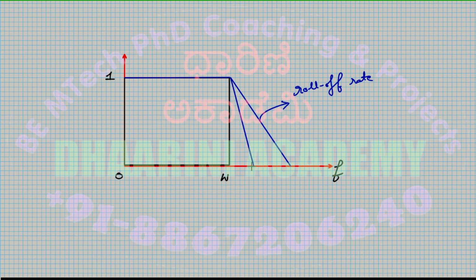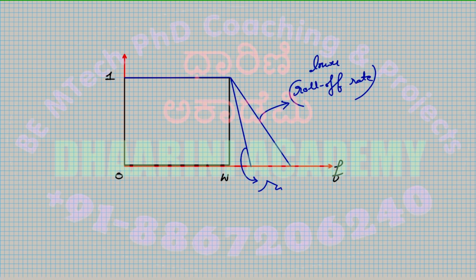This is a faster roll-off. So I'll change the question I asked earlier. I gave examples of first, second, third and high order. Will you increase the order or decrease the order? So this is a lower roll-off rate. Now I see this is a higher roll-off rate because it is faster. It comes down faster from 1 to 0.